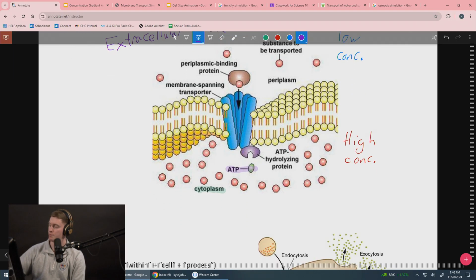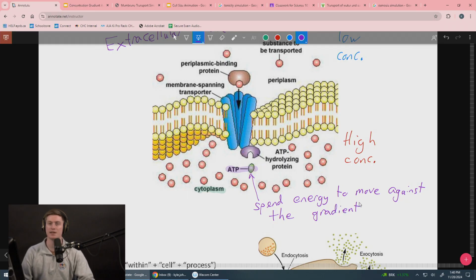We have to spend energy to move against the gradient. Again, your cell's going to do this if it really wants to keep something inside or if it really wants to keep something out.